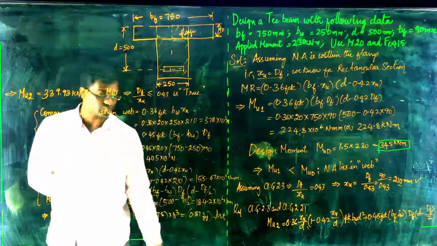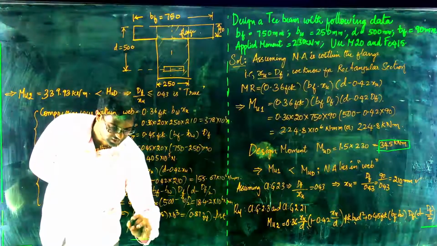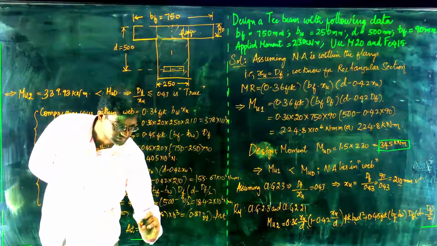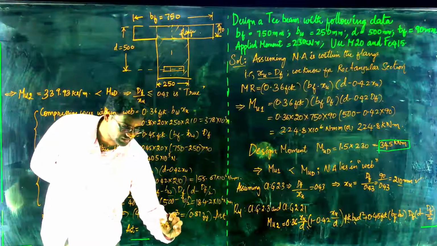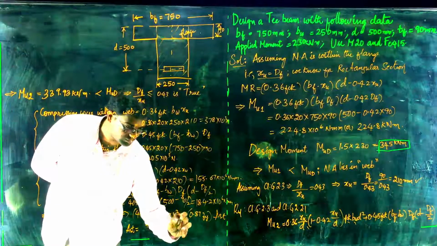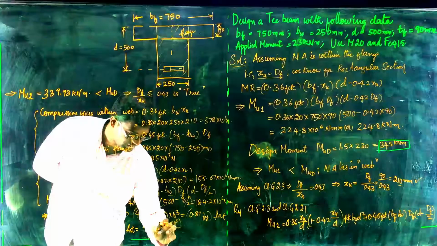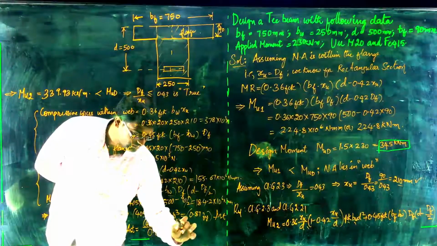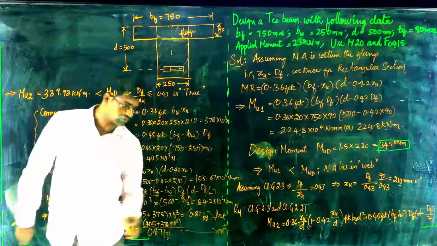This is the total force due to tension, right? So from this, Ast can be calculated as (405 plus 378) into 10 cube divided by 0.87 fy. You can calculate this value in mm square.